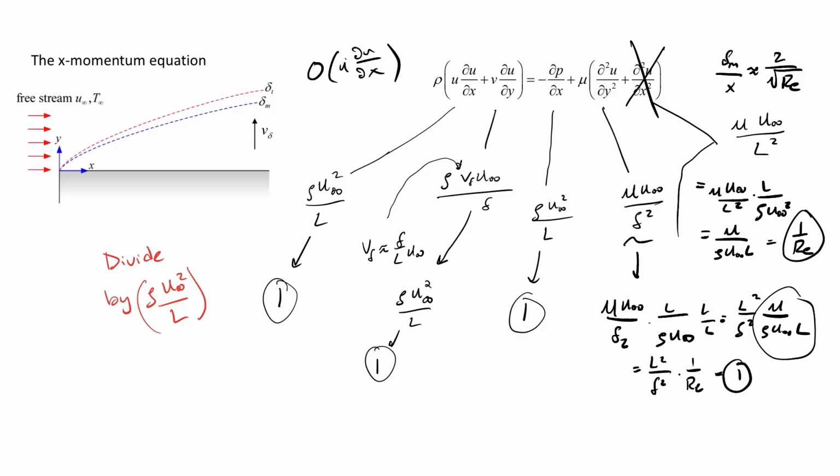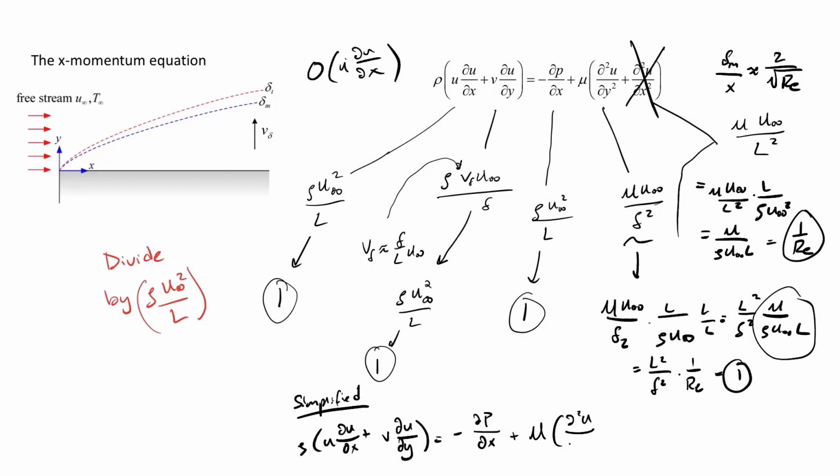Okay, so then doing that, our simplified equation is just rho times u du dx plus v du dy is equal to minus dp dx plus mu d squared u dy squared. Okay, so that's our simplified version of the x momentum Navier-Stokes equation for our boundary layer. Any questions on that?